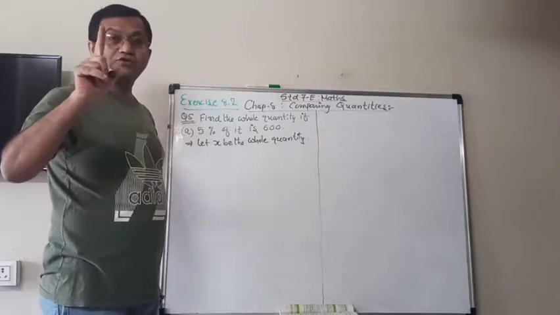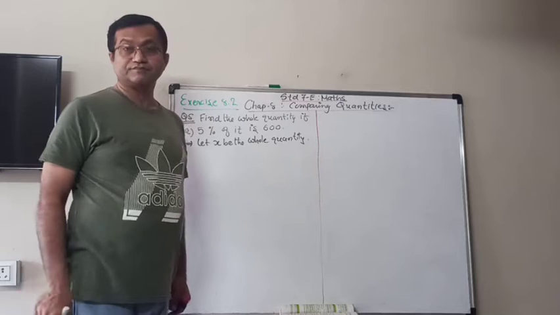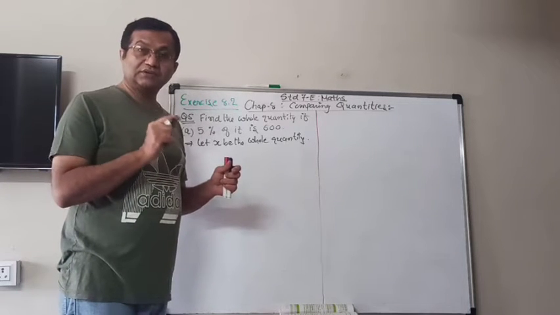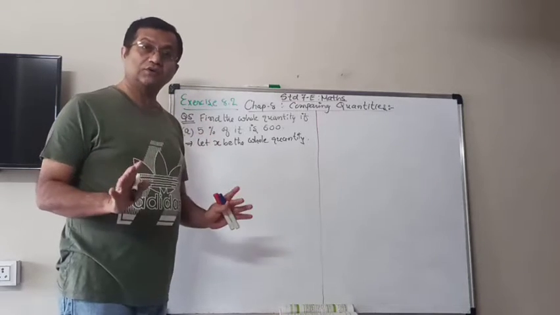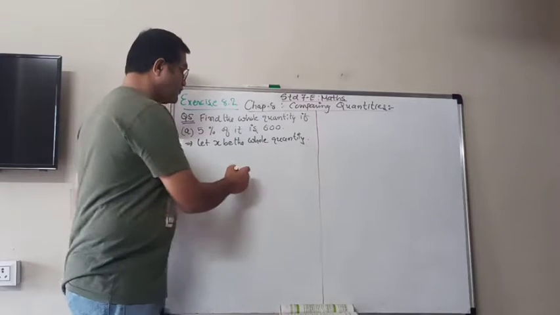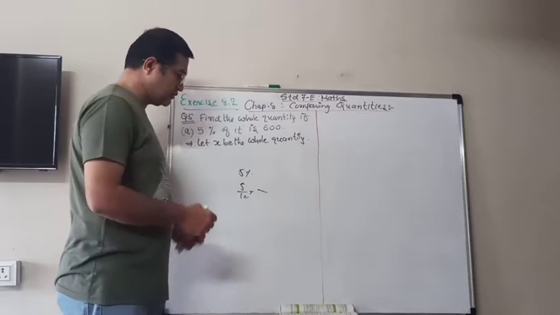Here we don't have to find 5% of 600. That is the main thing. If you don't read the question properly, what will you do? You will only read 5% 600. Then you will do 5% of 600, 5 upon 100 into 600, and write it down.